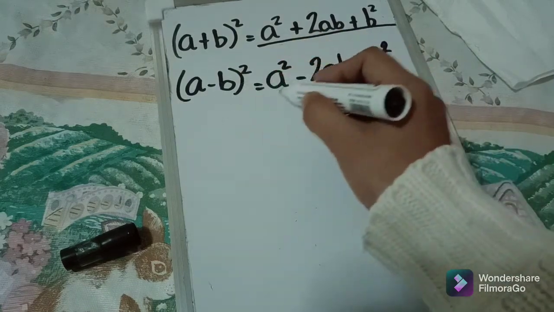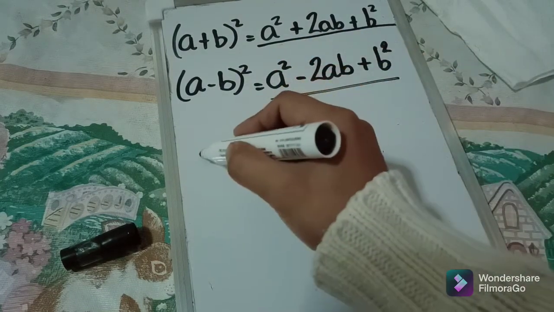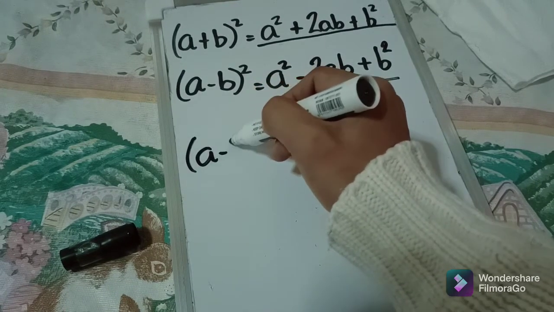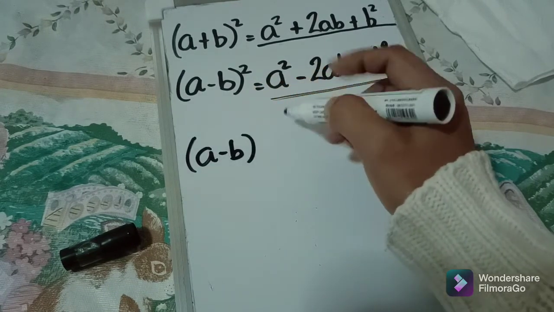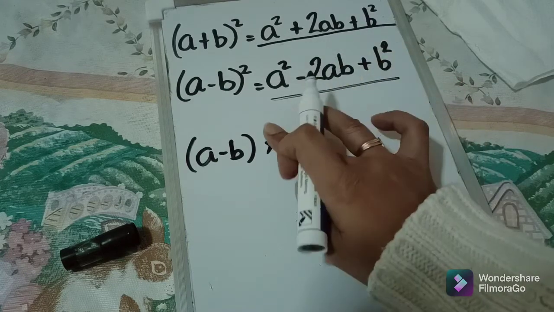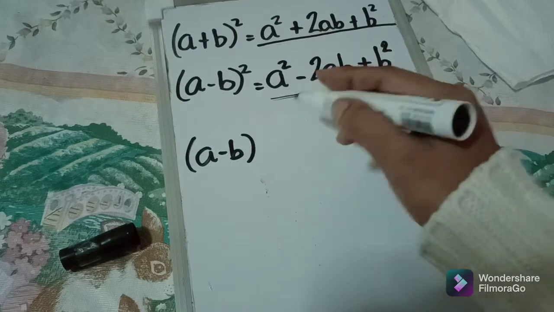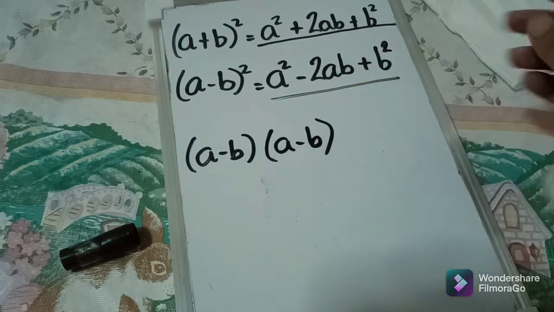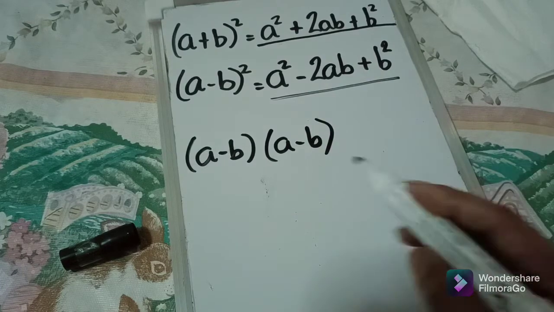So how did we get this formula too? Just like before, (a minus b) squared means multiplying by itself. Once it is in parentheses with a square, it's automatic.